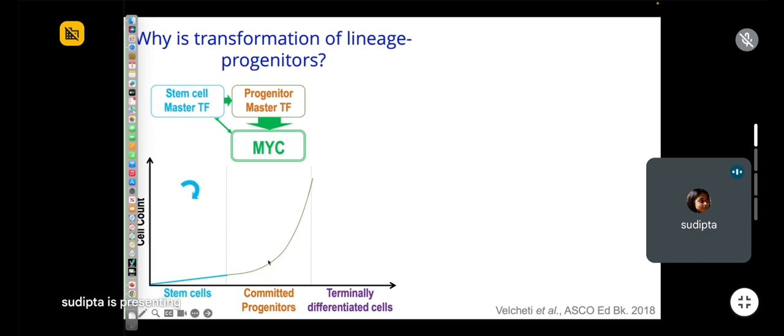From there, the progenitor cell divides. And in this progenitor cell, there is exponential growth, which is coupled with differentiation. And then we get to the differentiated mature cells, which is the normal physiology.